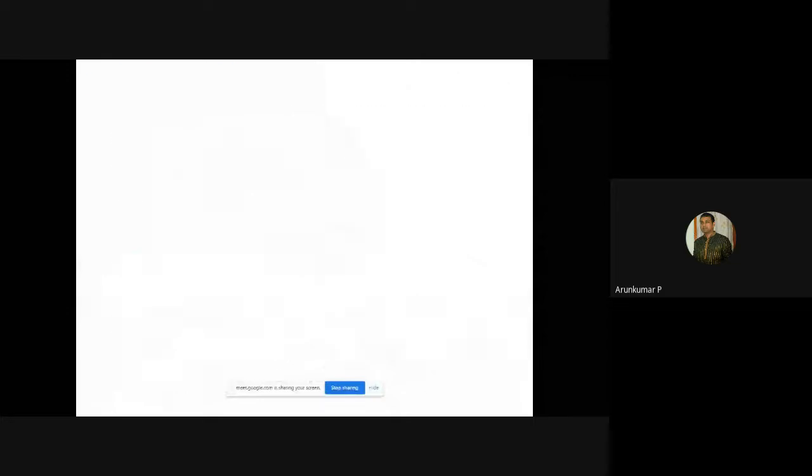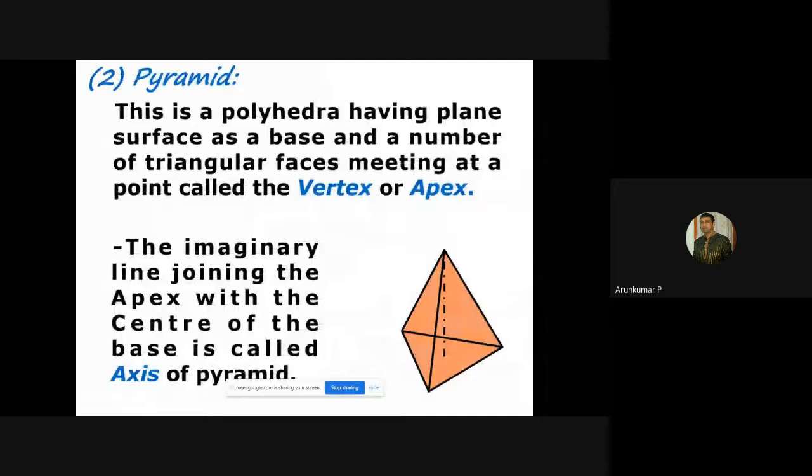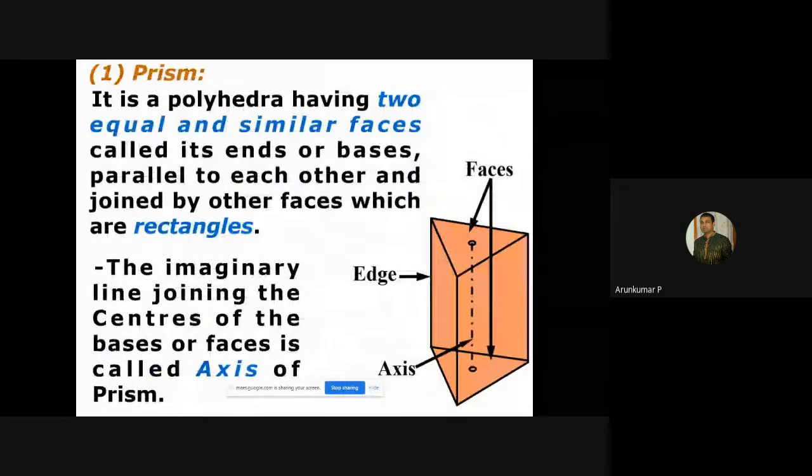Now, if you come to prisms, the property of a prism is that, as you see in this triangular prism, the top face and the base both are triangles. If it's a square prism, the base and the top face both are squares. If it's a pentagonal prism, the base and the top face both are pentagons. That is what is mentioned here. A prism is a polyhedron having two equal and similar faces. One is called the base, the other is called the top face.